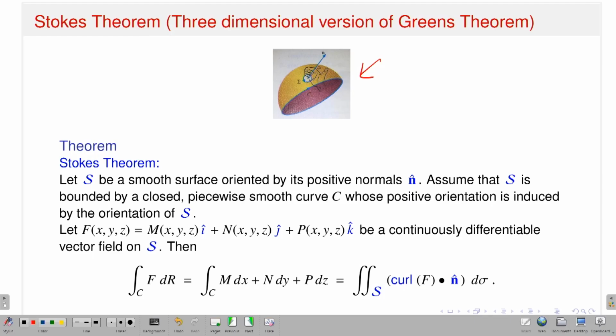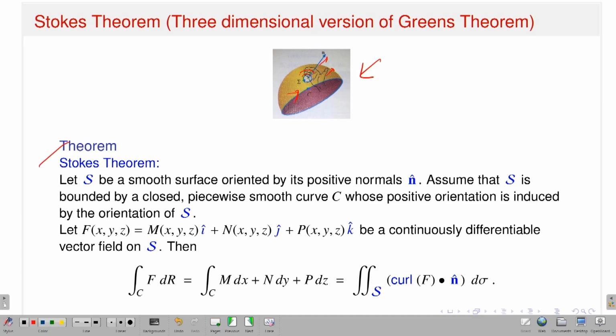Like for example in this picture, if this is the unit normal, thumb is in that direction, so the direction of the curve is anti-clockwise or counterclockwise. That means if I move in this way, my surface is always on the left hand side. Okay, so that is the notion of oriented surfaces and the corresponding boundary orientation.